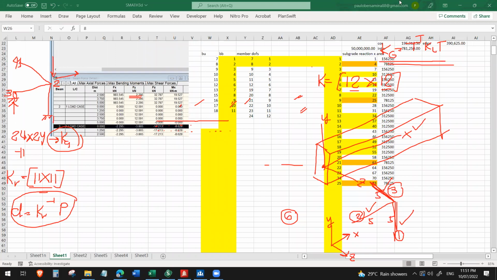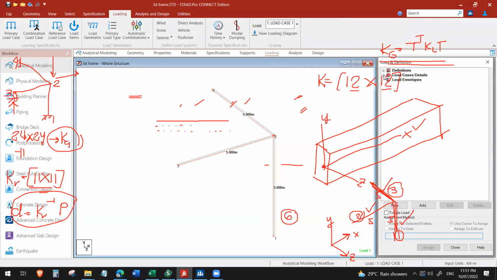So those are the loads, which is this one. So these are the loads, 7 and 8. Okay, maybe I can now erase this. So you know this already.